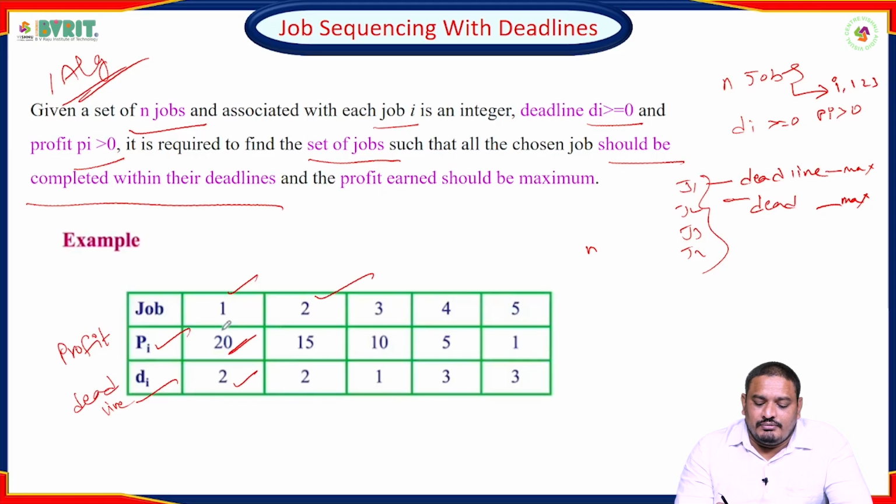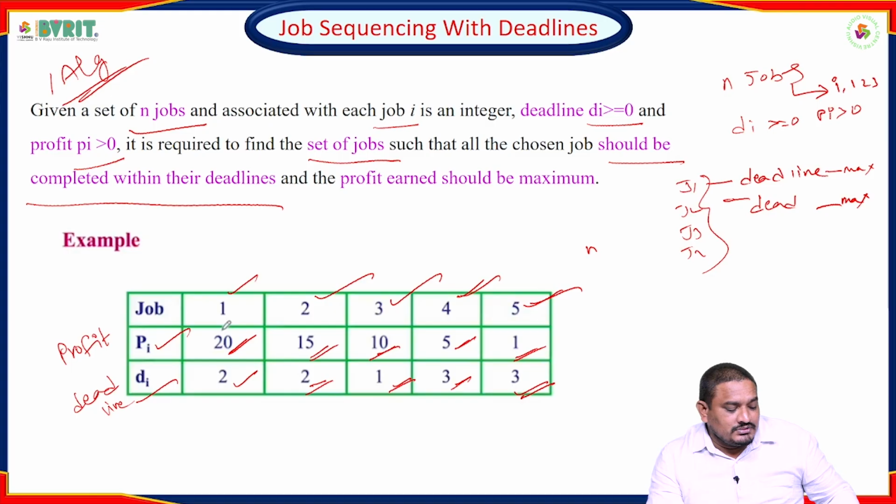Job 2 is completed with deadline 2 and also earns some profit. Job 3 is completed with deadline 1 and earns some profit. Job 4 is completed with its deadline and earns some profit. Job 5 is completed with its deadline and earns some profit. This is the example. How does it work?